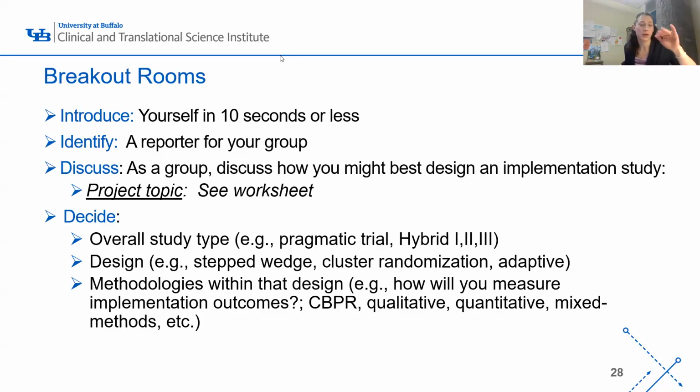So we can forego this part about introductions and a reporter for the group. But basically, what the document gives is an example of a study, and some questions that the study is trying to answer, and then some prompts to think about, based on the information provided, how might we design an implementation study to understand these questions.